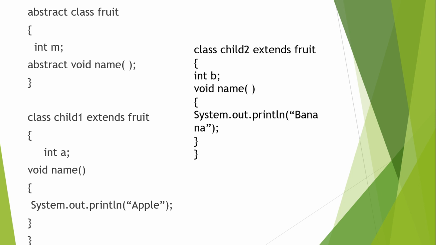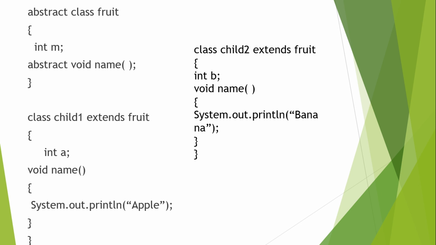If we create an object of child1, the fruit name you are going to see is apple. But if you create an object of child2, you are going to see banana. So the detail is hidden in the Fruit class, and the detail is actually mentioned in different classes, with different details. This concept is known as abstraction. You are hiding the detail of a particular method in a class.